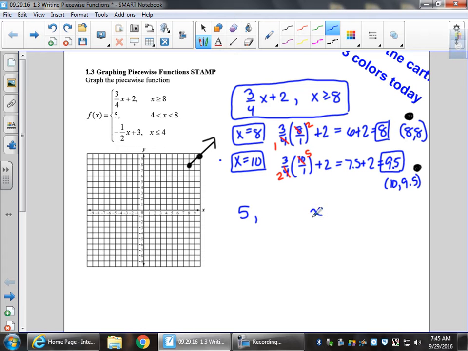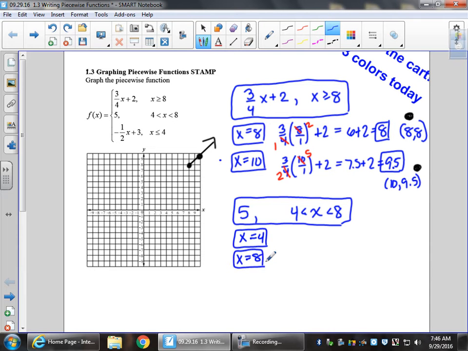When x is between 4 and 8. Now, is this going to be a segment or ray? Segment, very good. What two values right away are we going to pick? Any work involved here? What's my ordered pair going to be?